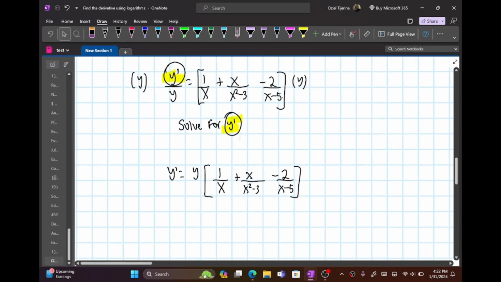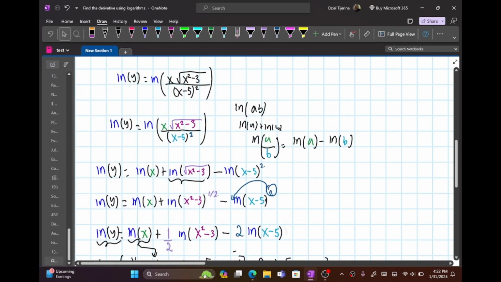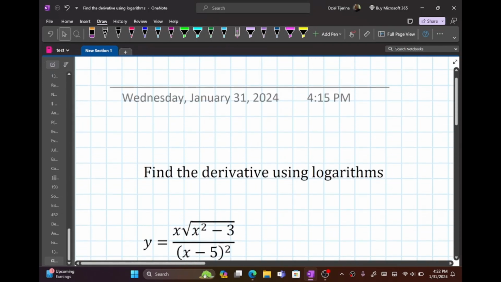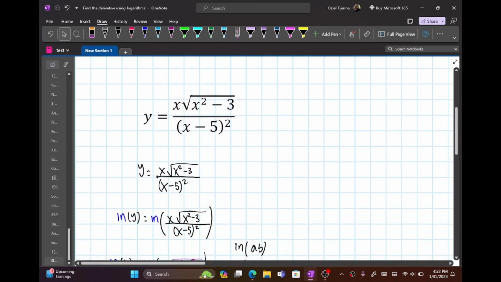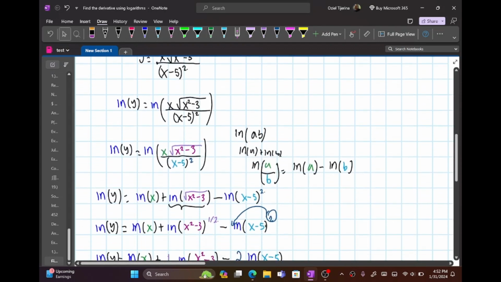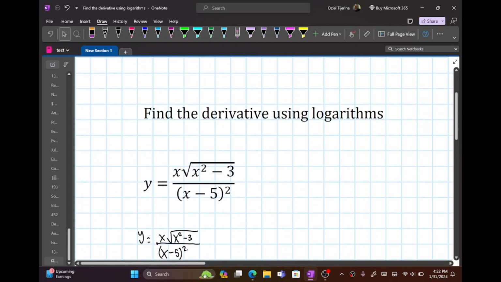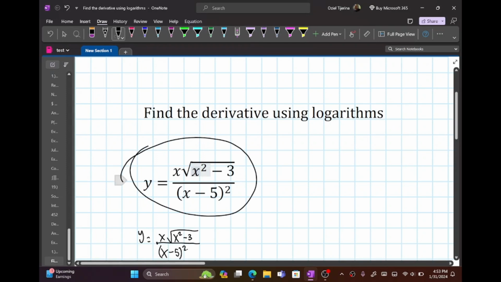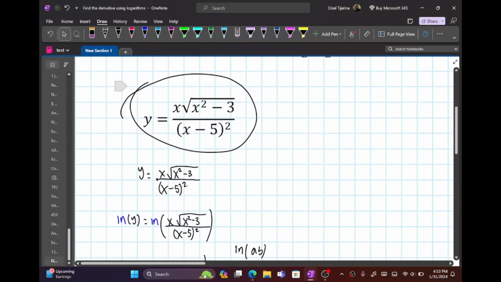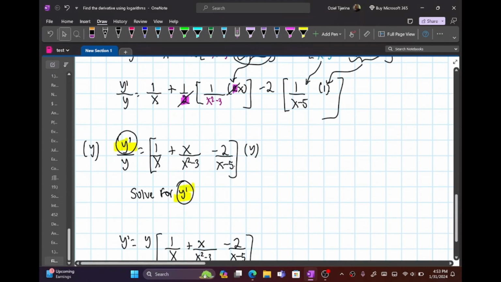Now, remember what y was at the beginning. Let's go back up to the very beginning. The actual thing we had y equal to, we're going to plug this into our answer. So remember, y was equal to x squared times the square root of x squared minus 3, over x minus 5 squared.